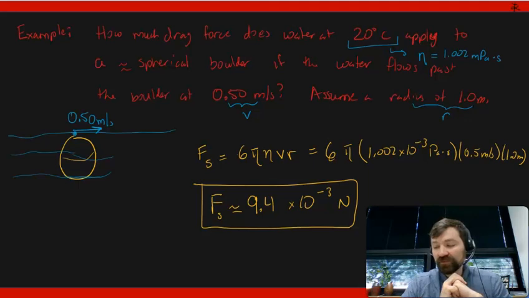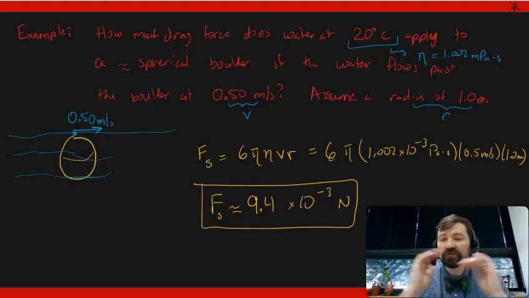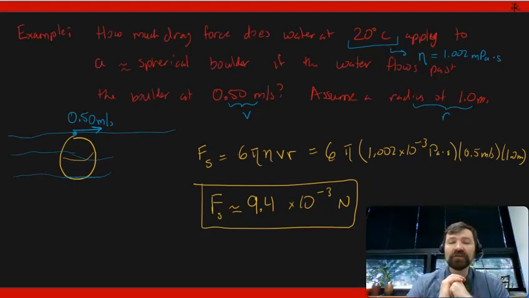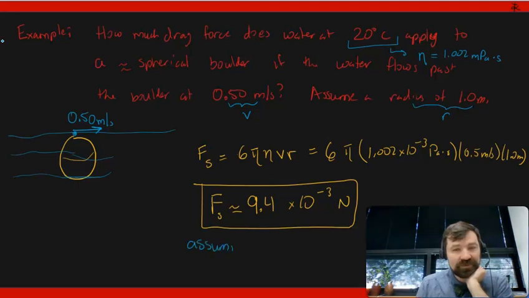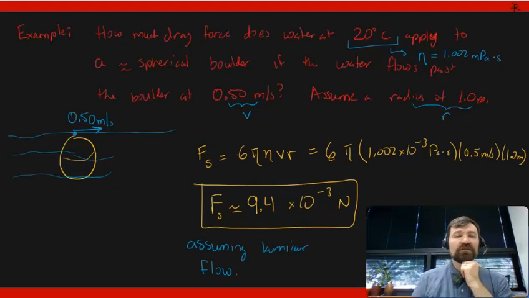For what it's worth, the Reynolds number for this particular problem is just a little under 500,000, which means that you have quite a bit of turbulence, though it is not totally turbulent all surrounding your boulder. So again, this is assuming, perhaps incorrectly, that what we have is laminar flow, which we do not in fact have in this particular case.